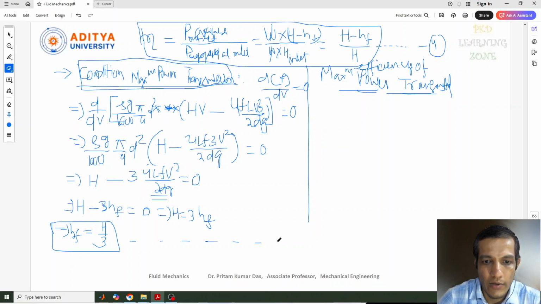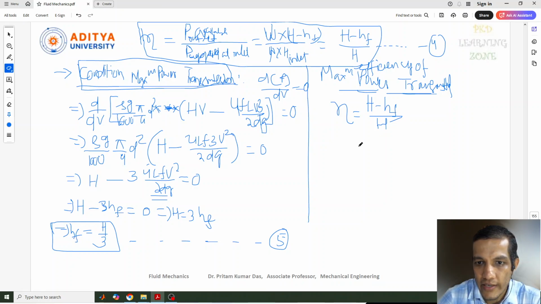This one we can give equation 5, and here we can write, now previously we have seen that efficiency equals H minus HF by H. So to find out the maximum efficiency of the transmitted power, we need to just put the value of HF equal to H by 3 here.